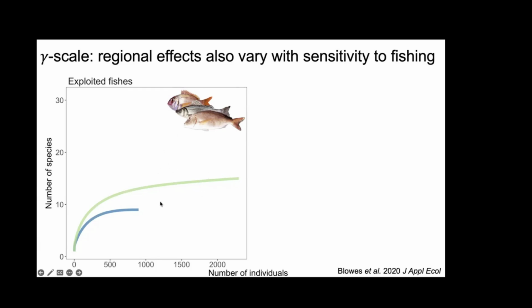We've stretched this curve, the green curve compared to the blue curve. It's more even. You can see it increases more steeply from the origin here, and we've got more species. And so protection for these exploited species is really affecting all of the components at the gamma scale. And that's slightly different to what we saw at the alpha scale.